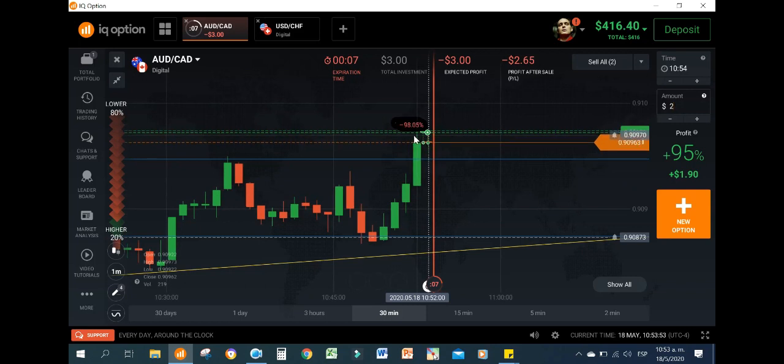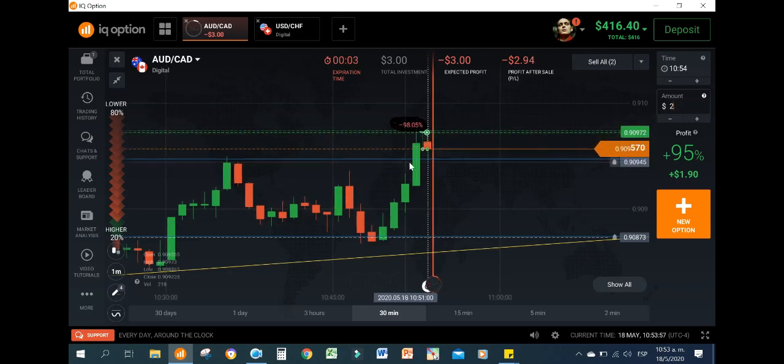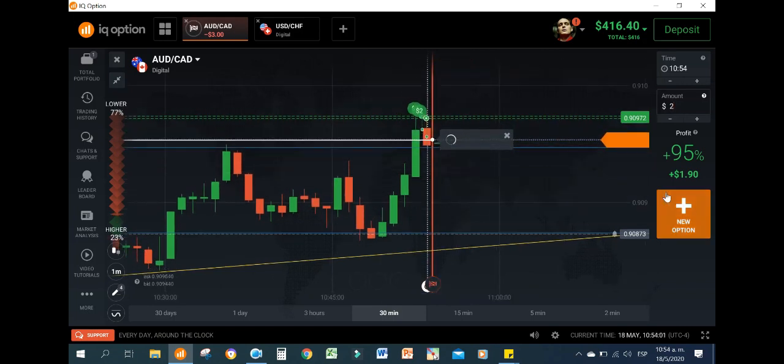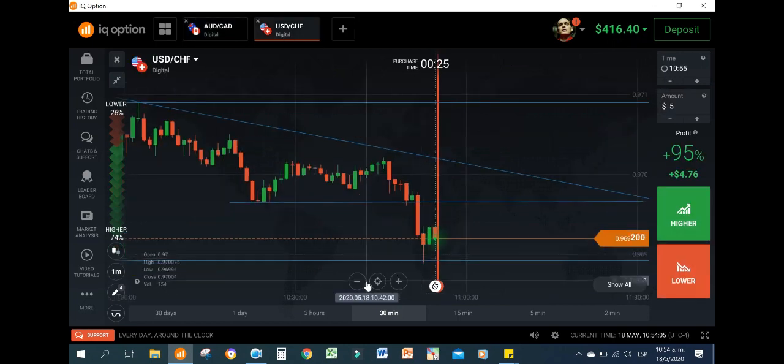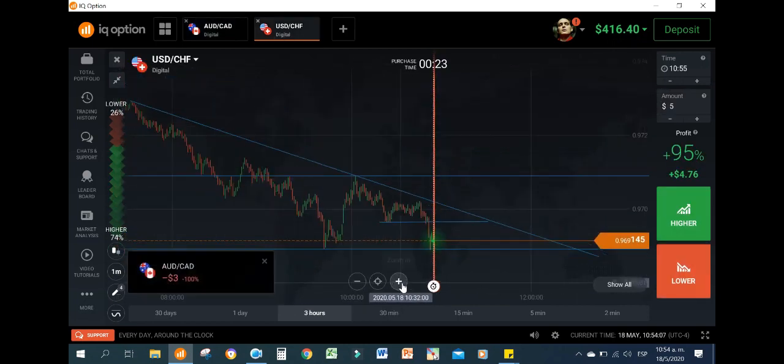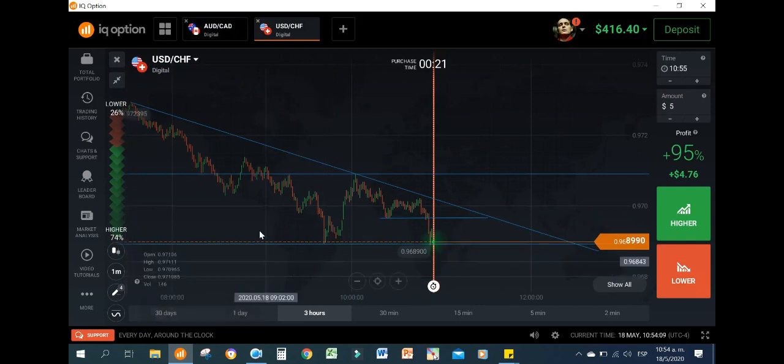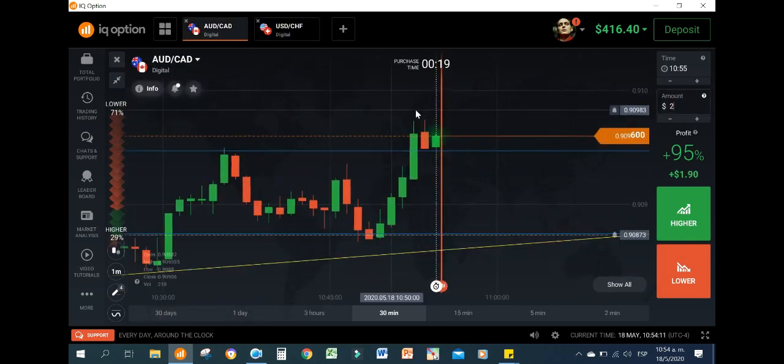We need to avoid candlesticks with this kind of wick. They are not good. Okay, let's wait for another breakout to recover the loss.